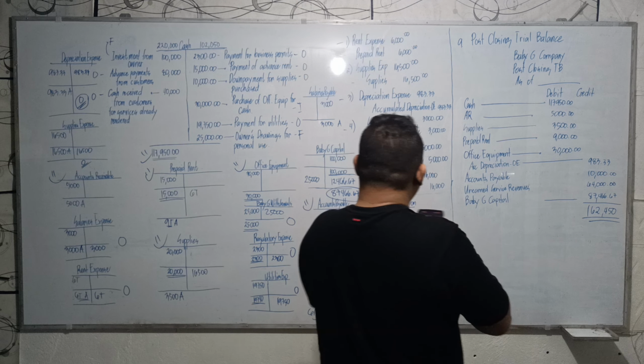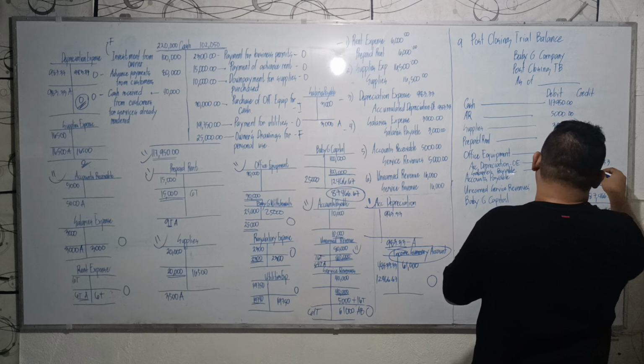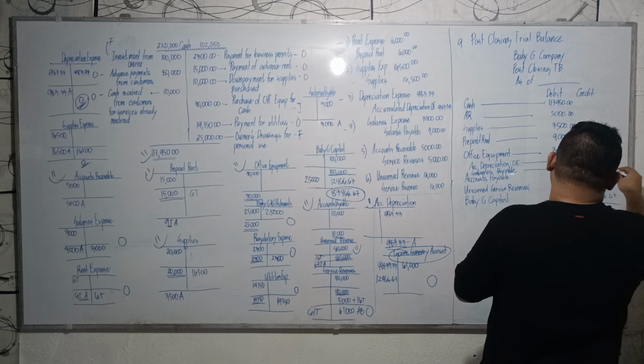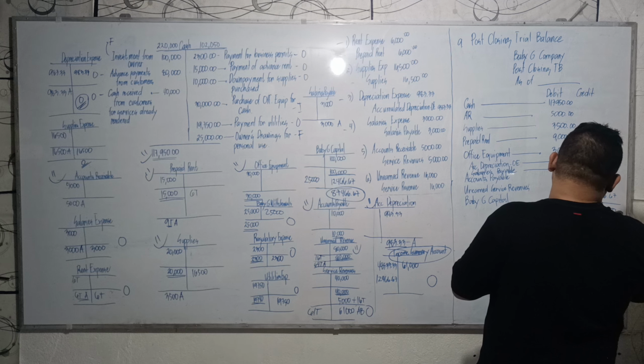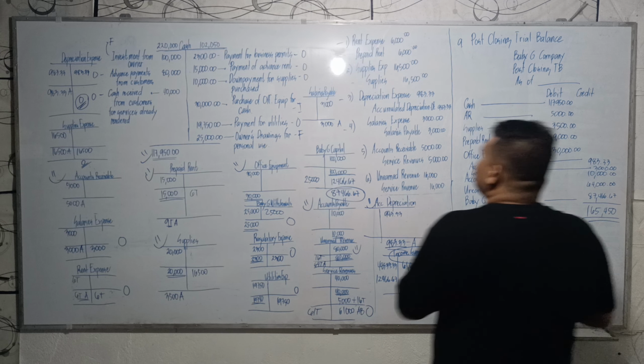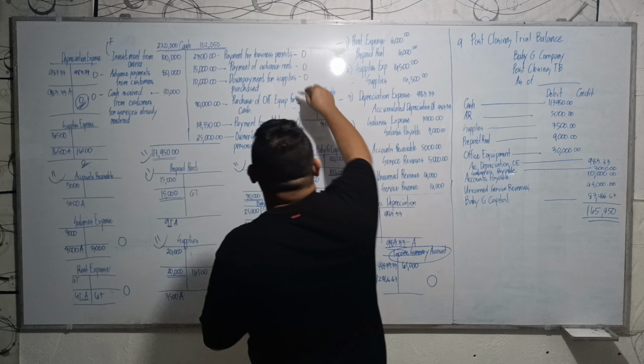Oh no. We have a salaries payable. Aside from accounts payable, let's insert here salaries payable, which is 3,000. So this will become 165,450. We have our salaries payable, by the way.